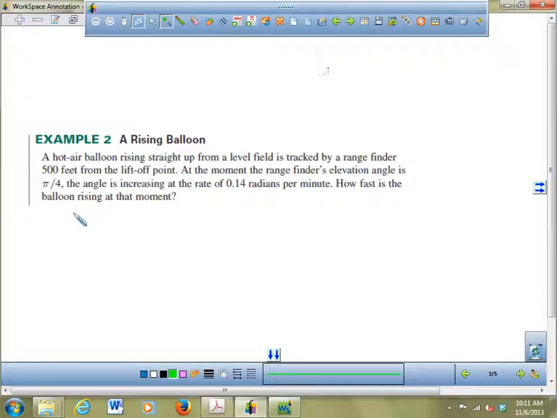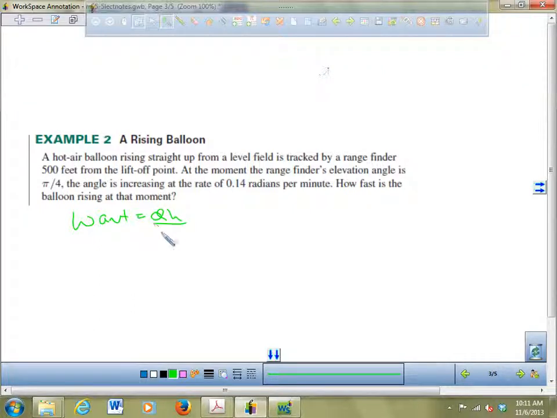So what do you want to know? How would you represent that in terms of a rate? Very good. You want dh/dt, and we'll draw a picture in a minute, okay? You want dh/dt. What do you know? It's 0.14 radians per minute, how fast the angle is changing.